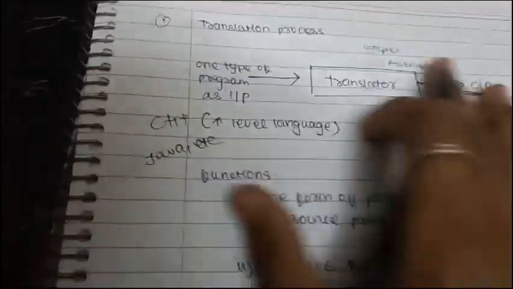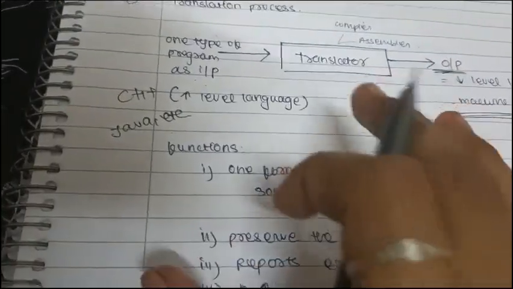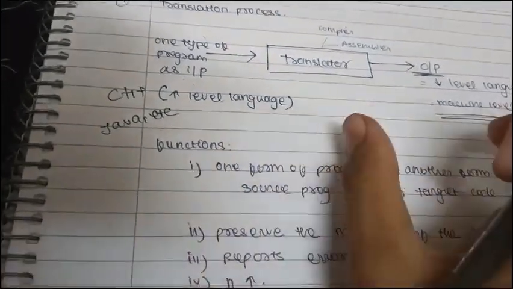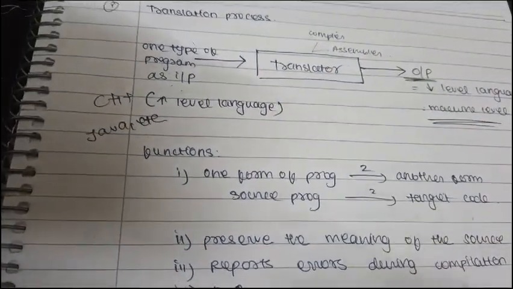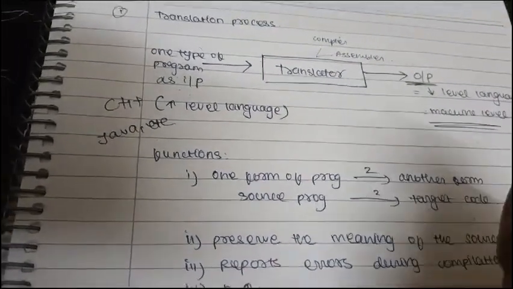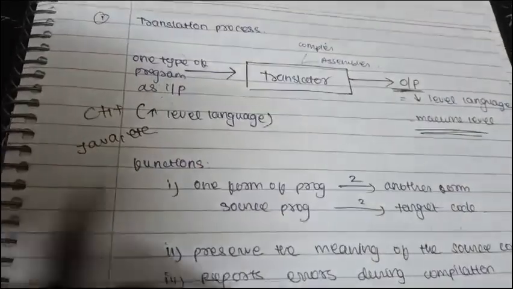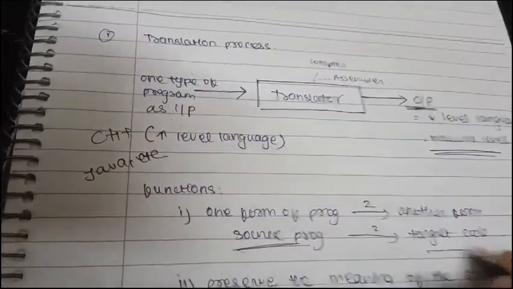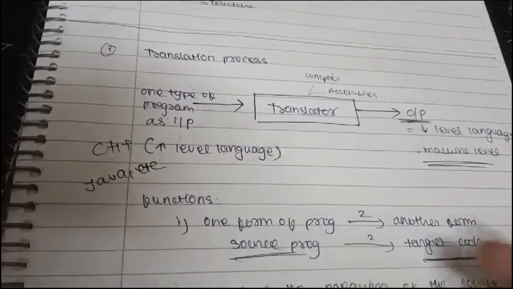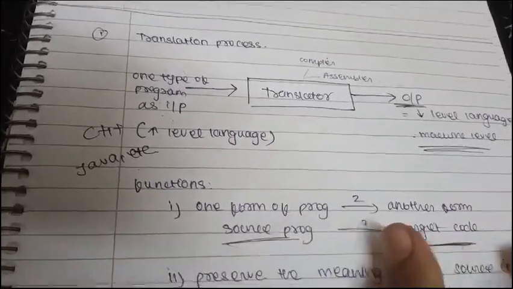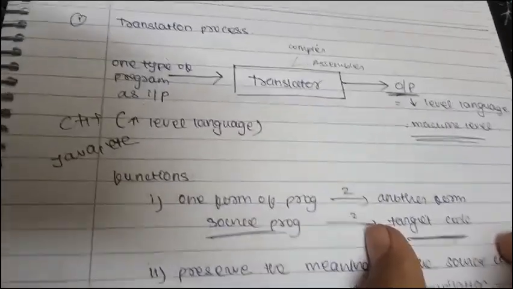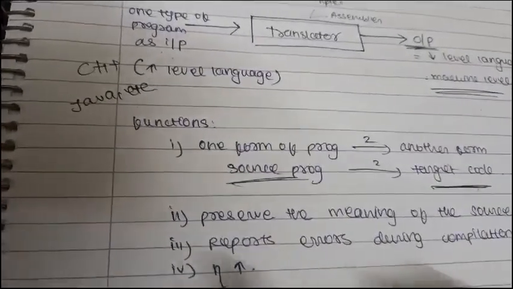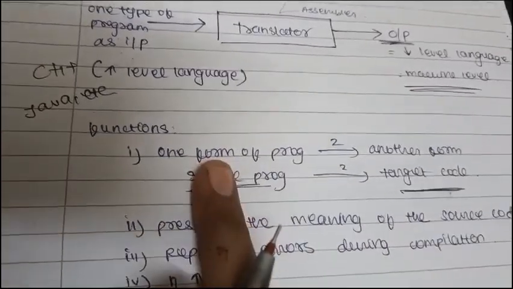After understanding what a translator is, we can easily derive the functions performed by this translator. The first function is to convert one form of program into another form, which is my source program to the target code. Any higher level language code will be converted into machine level code, which is understood by computers. The second thing is to preserve the meaning of the source code.